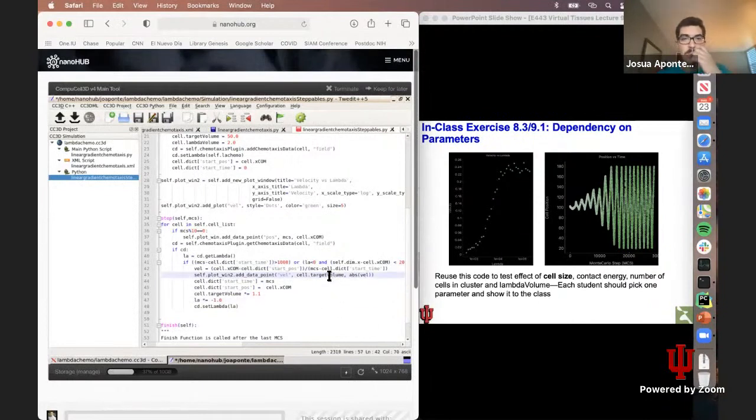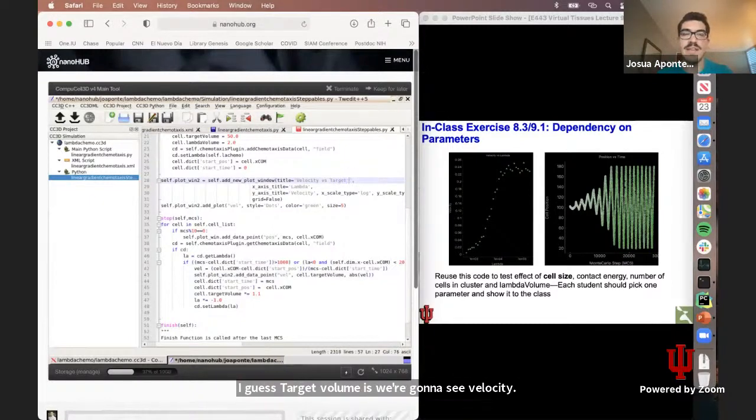So now, what we will see is velocity against target volume, instead of velocity against lambda chemotaxis.